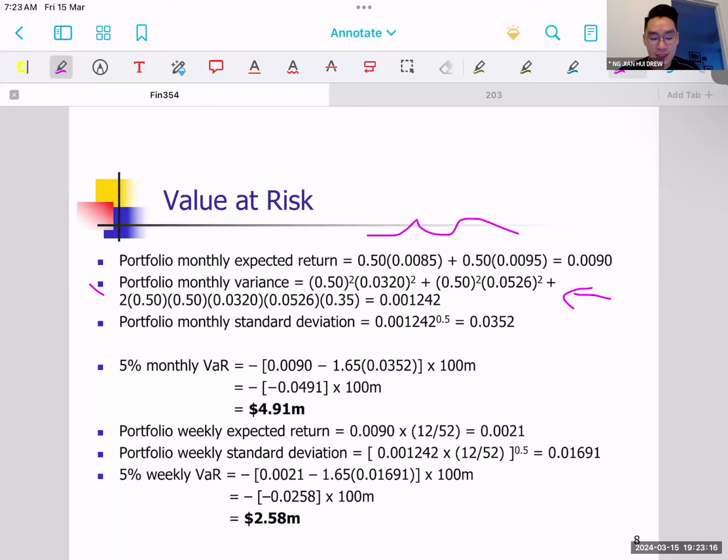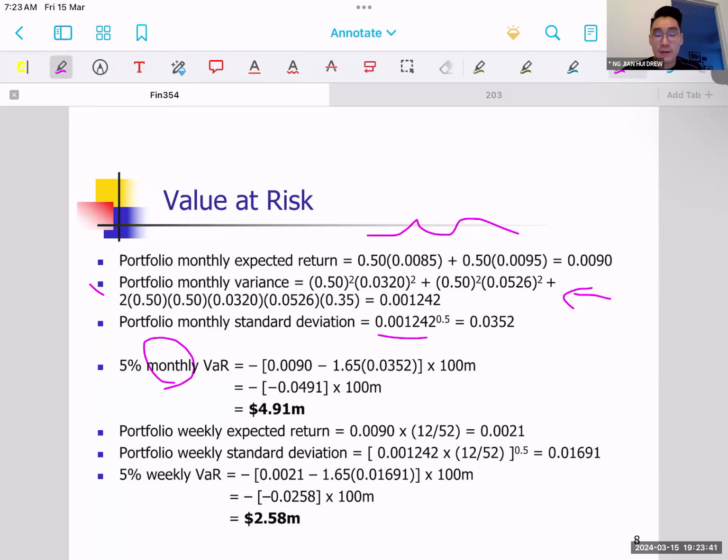If you can't remember this formula, please go through it again. Once you calculate portfolio variance, the standard deviation is simply the square root of the variance. Now that we have the expected return and standard deviation of our portfolio, we can tackle the VAR question. First, the monthly VAR at 5%.